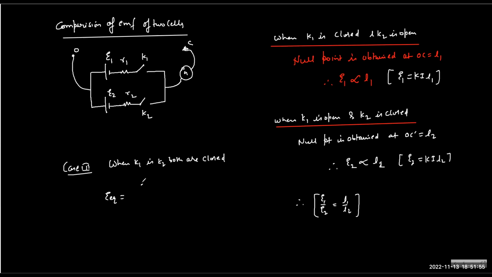The formula is E1 by R1 plus E2 by R2, upon 1 by R1 plus 1 by R2. So the null point obtained, OC double dash, is L3. In this case, E equivalent will be proportional to L3. Do you realize this? So you can have any scenario, and you can keep on writing this way.